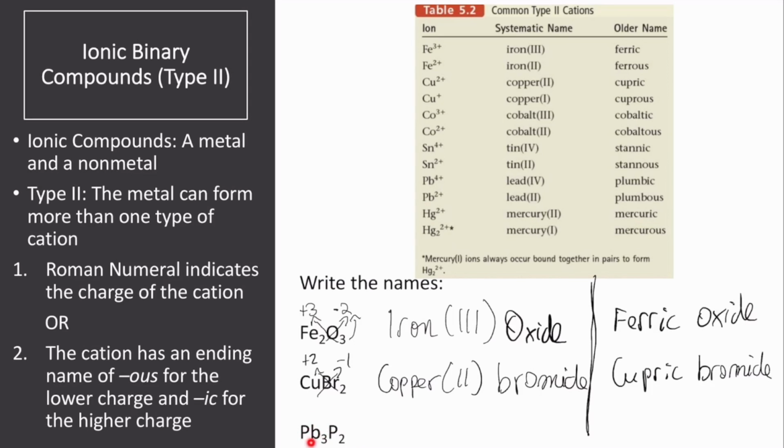The last one is lead and phosphorus. So we cross the charges, +2 for lead and -3 for phosphorus. So we would write it the first way, lead II, 2 for the charge, phosphide.